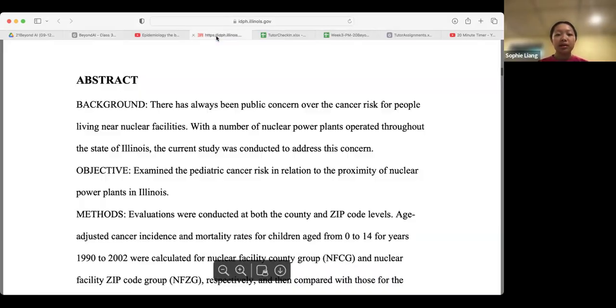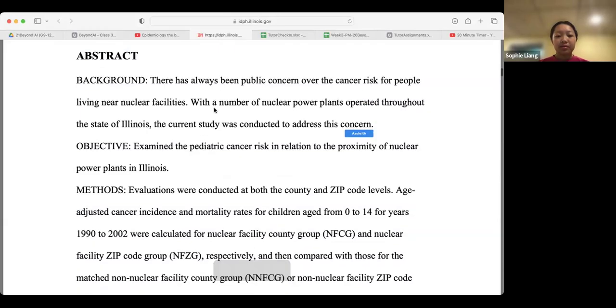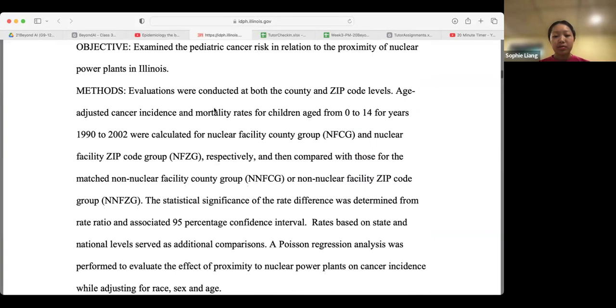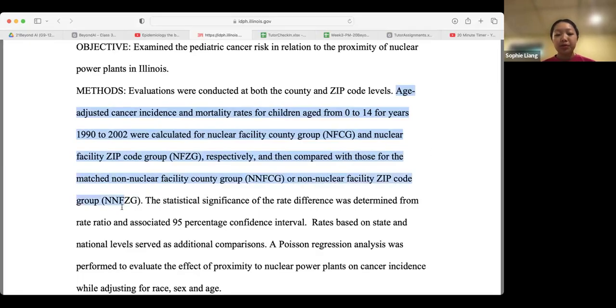Okay, well, let's look at the study and then we can decide. So it looks like it's a cross-sectional because it says that age-adjusted cancer incidence and mortality rates for children aged from 0 to 14 for years 1990 to 2002 were calculated for nuclear facility county groups and nuclear facility zip code groups, respectively, and then compared those for the matched non-nuclear facility county group or non-nuclear facility group.